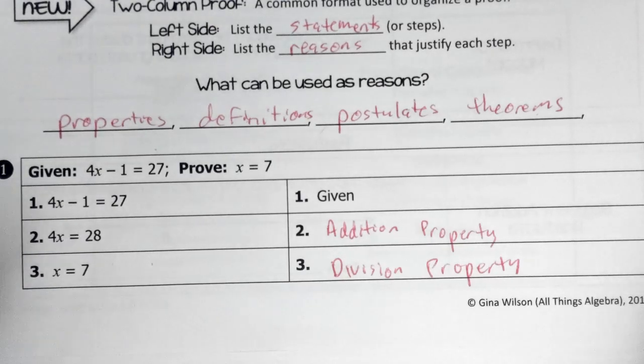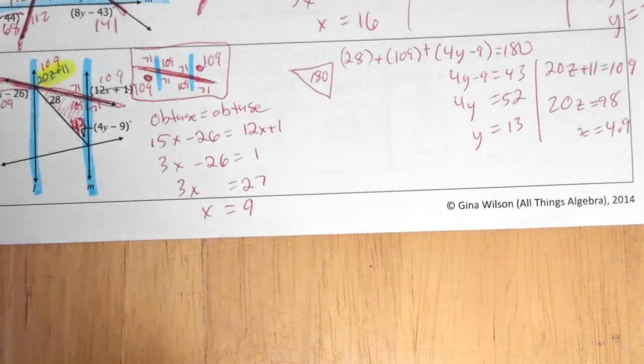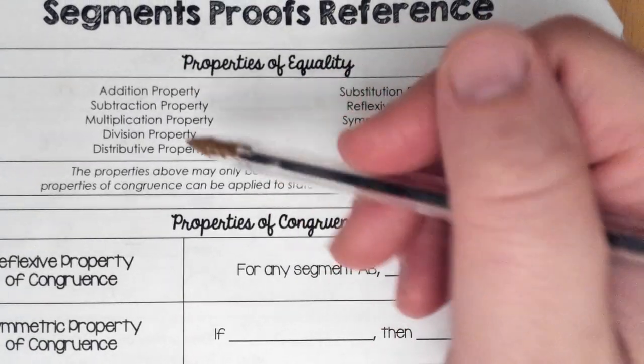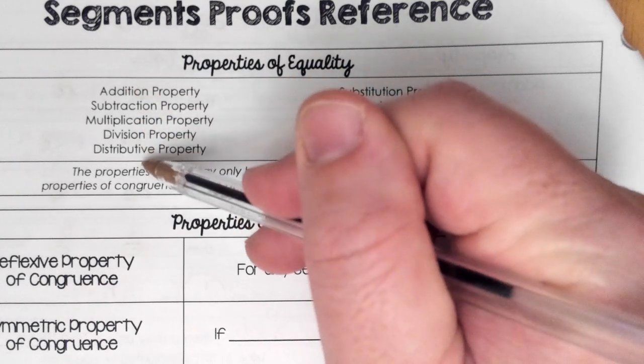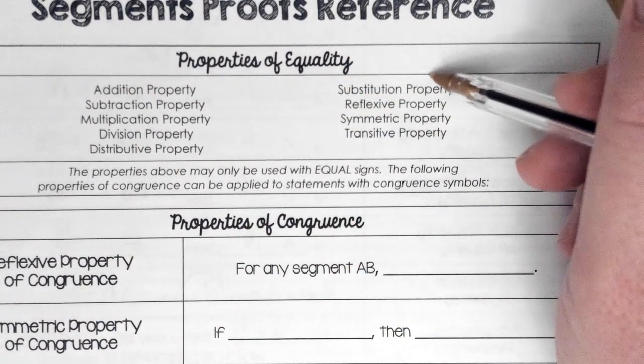Okay, so now that we have that one done, let's go ahead and go to the next page, and we're going to go to page 14. All right, so these are all the properties you just learned. Adding, subtracting, multiplying, dividing, and the distributive property. We know about substitution.